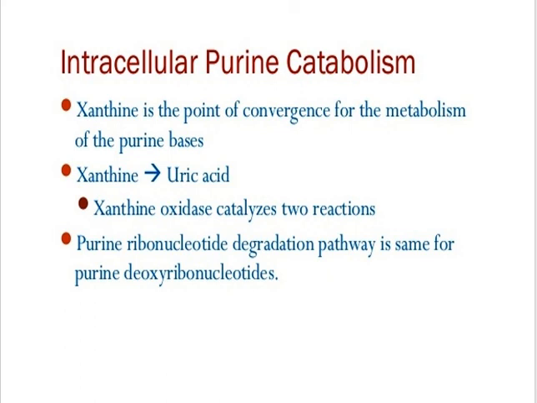So xanthine is the common breakdown product of adenosine or the guanosine, and then xanthine is converted to uric acid by the enzyme xanthine oxidase, and finally the uric acid is excreted out of the body through the urine.